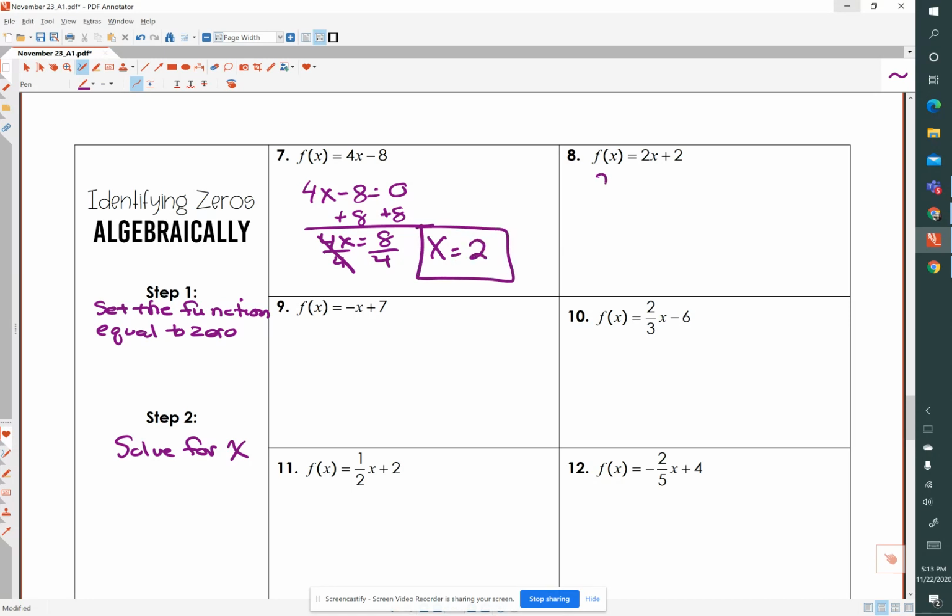Number 8, 2x plus 2 equals 0. Subtract 2 from both sides. 2x equals -2. Divide by 2, and x equals -1. That's all you do. So try the next 4, and then come back to the video and check.